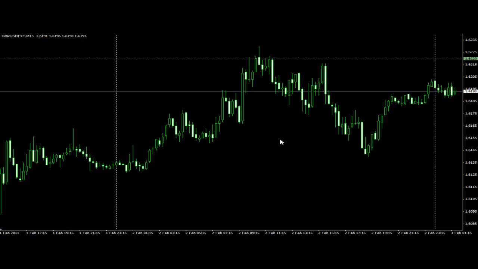We would use swing projection concepts, the fib projection extensions, all those things, and pivots, and obviously institutional levels.